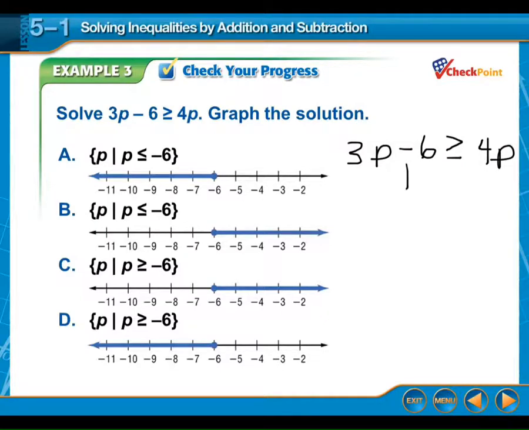I think I'm going to subtract 3p from both sides.